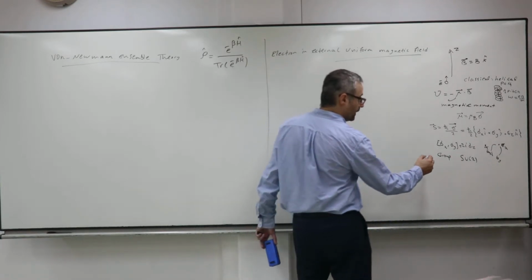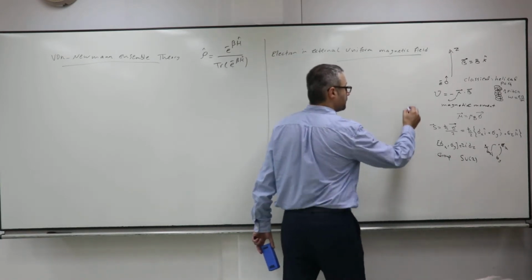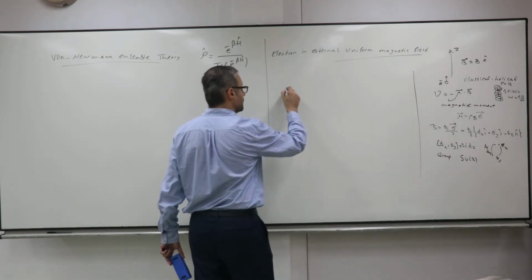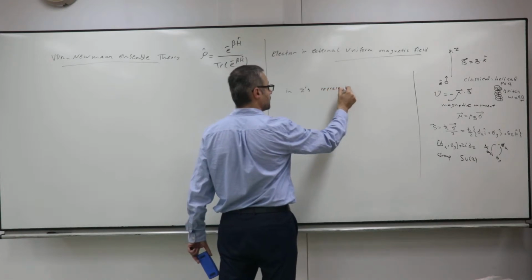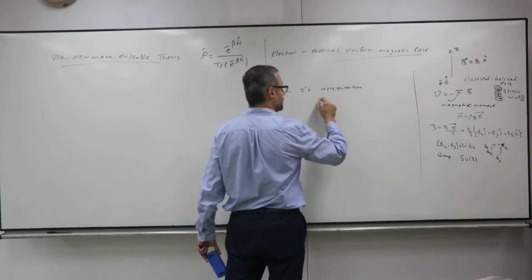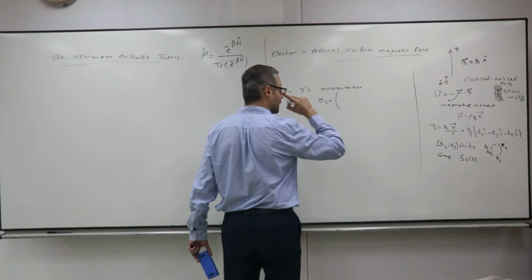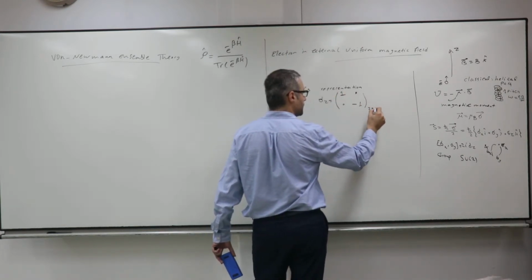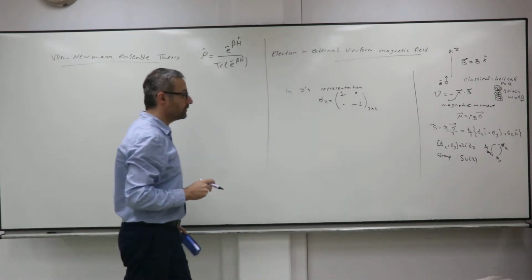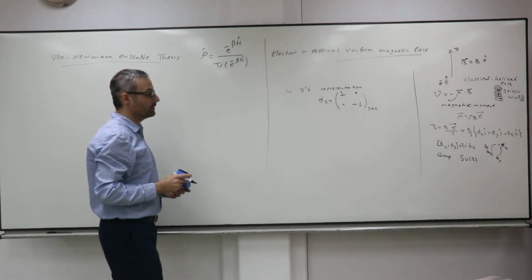In the z representation, I mean, if you consider sigma z as a diagonal matrix, it is given by a two-dimensional matrix.